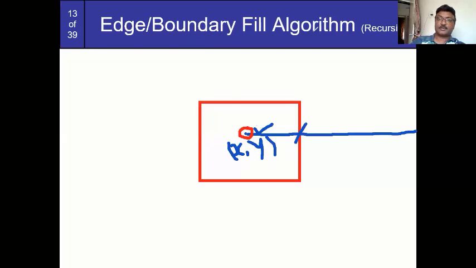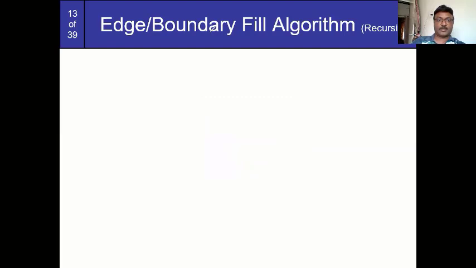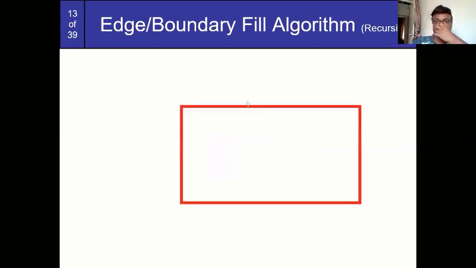But today's algorithm is the edge fill algorithm. In today's algorithm, what have you considered? You have to pass the edge color of the polygon, and the background color we are already reading. So the only difference is that you have to pass this edge color. Suppose the edge color is red, so you can pass the edge color red.